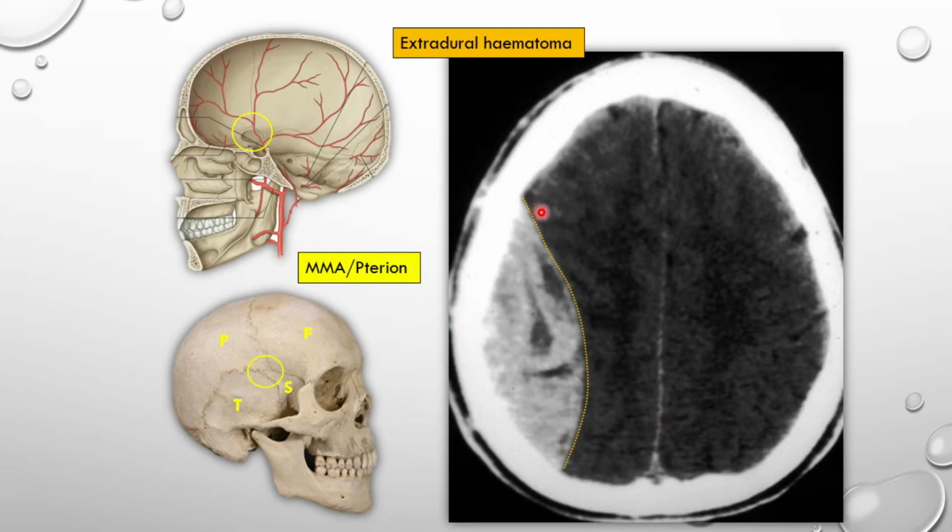So you can see that the brain has been pushed laterally, and if this isn't dealt with quickly, then actually this can be fatal. It's a medical emergency that needs rectifying, and essentially the main culprit, or the most common reason for an extradural hematoma, is damage to the middle meningeal artery.